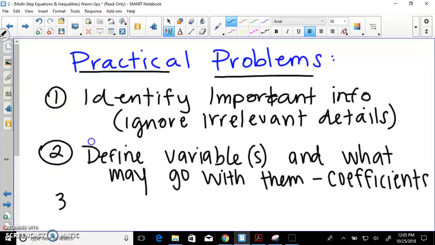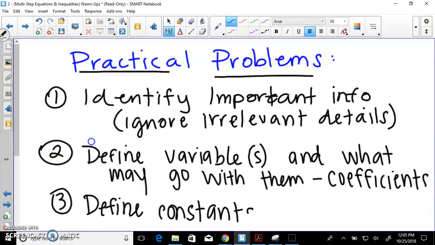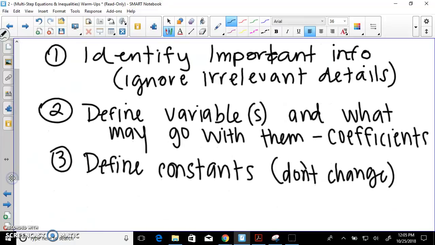The next thing we're going to define is any constants. These are numbers that don't change. A lot of times in real life problems, they might say a one-time fee or a down payment, something that doesn't change.